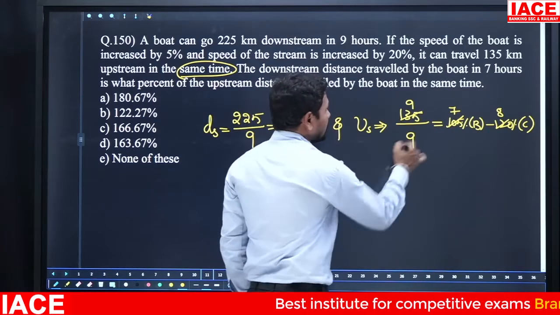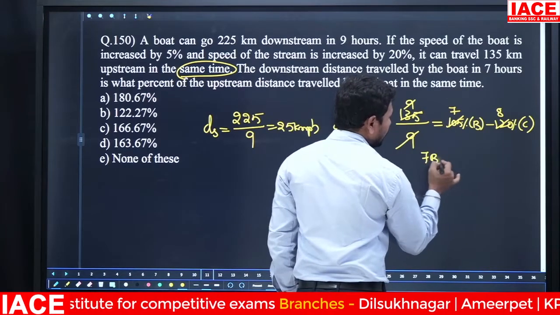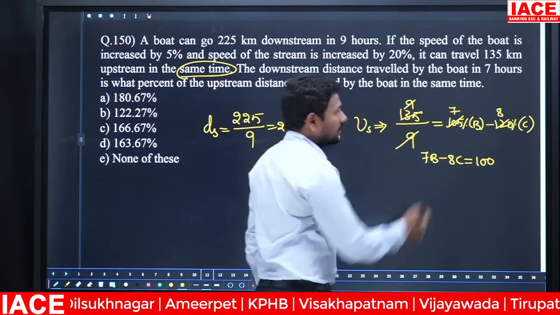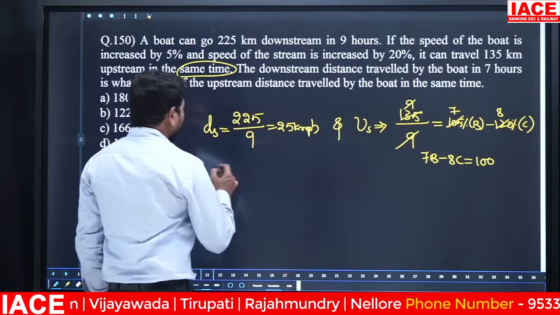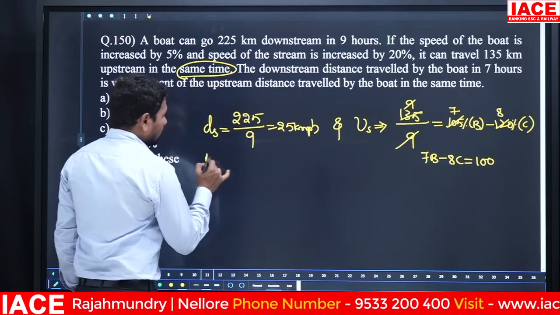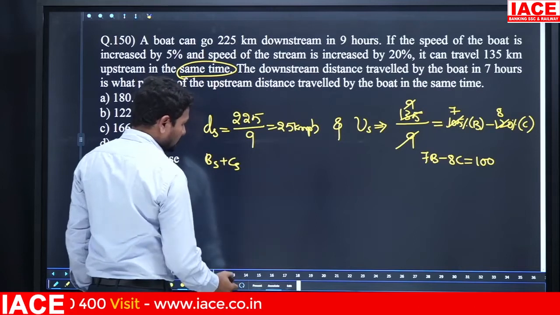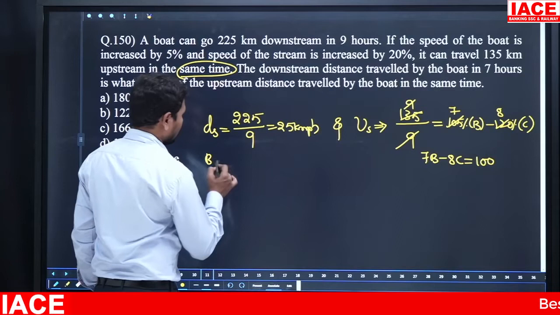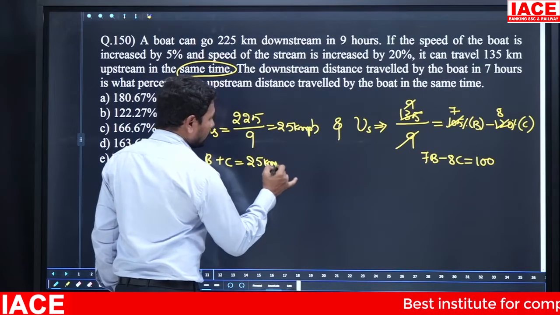Here 9 will be cancelled, then we can write 7b minus 8c is equal to 100. Percentage-wise, divided by 100, it is equal to 100. But we already know b plus c is equal to 25 kmph.